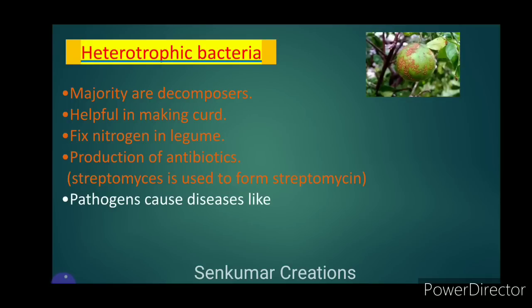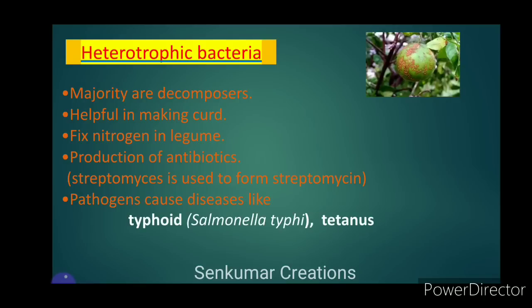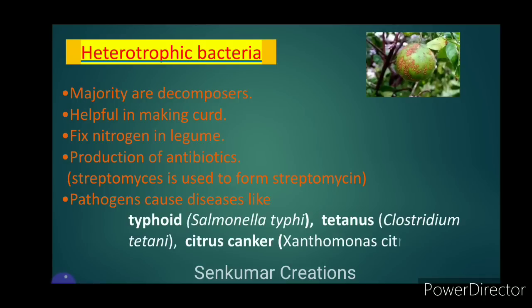And there are pathogens also. In heterotrophic bacteria, some are useful bacteria, with uses like making curd, nitrogen fixation in legumes, and production of antibiotics. Some bacteria are harmful, and we call them pathogens. Pathogens are disease-causing microorganisms. They cause diseases like typhoid fever, which is caused by Salmonella typhi.